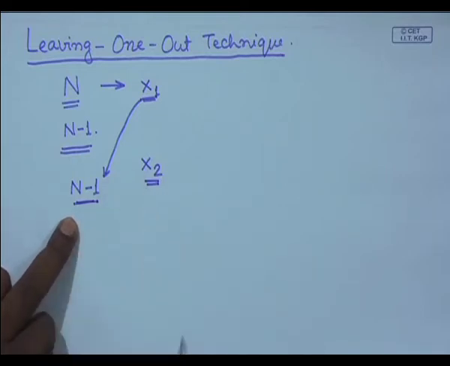So, every time I set aside one of the samples out of the total number of samples n, I design the classifier using the remaining n minus 1 samples, and the sample which was set aside, I use for testing purposes. So, effectively what I am doing is designing n number of classifiers.